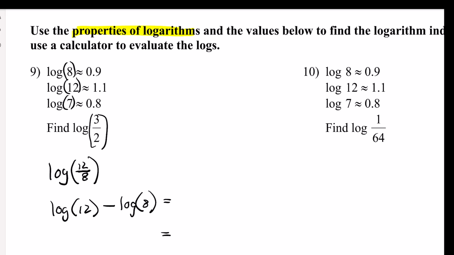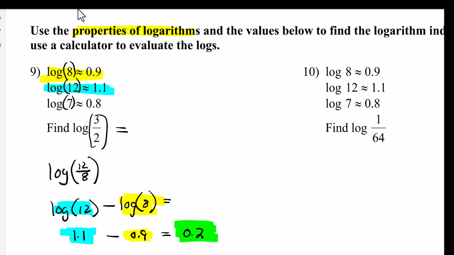Now, we can take what we know. Here's log 12. So log 12 is 1.1. Log 8 is 0.9. 1.1 subtract 0.9 should be 0.2.